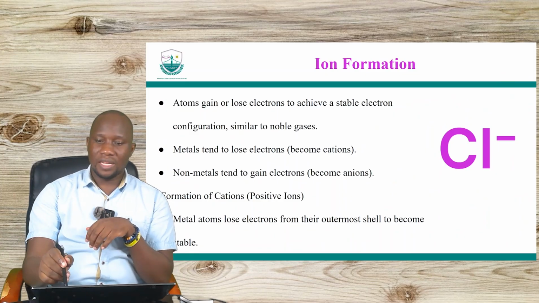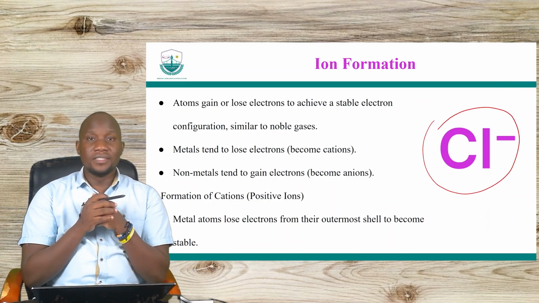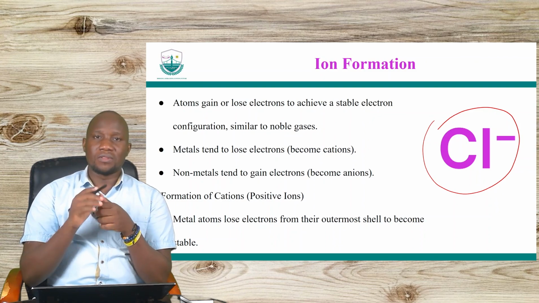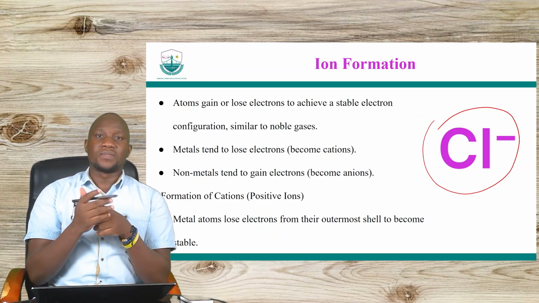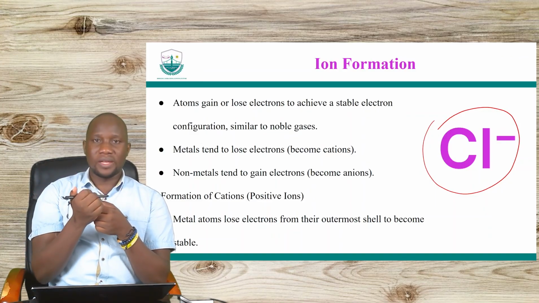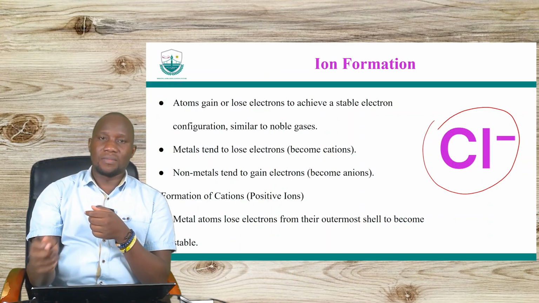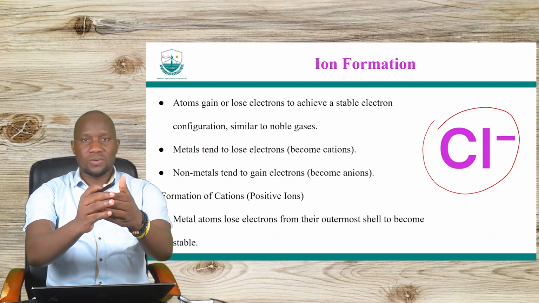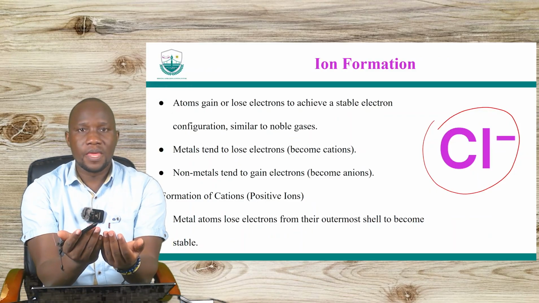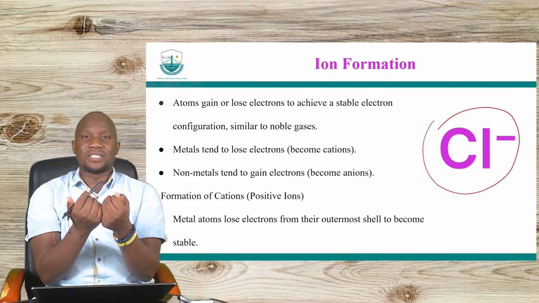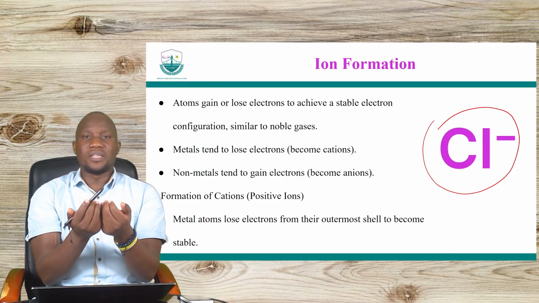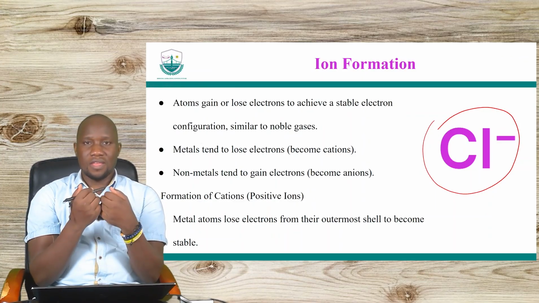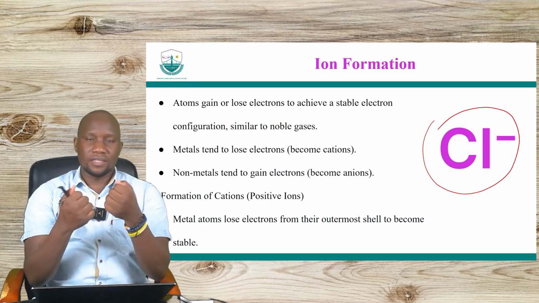The same thing is illustrated here with chlorine. For chlorine to be stable, it is in group 7, right? So for it to be stable, it has to gain 1 more electron, and it becomes negative. So metals lose electrons. Non-metals, where chlorine is, where you have sulfur, you have nitrogen, for them, they will have to gain.